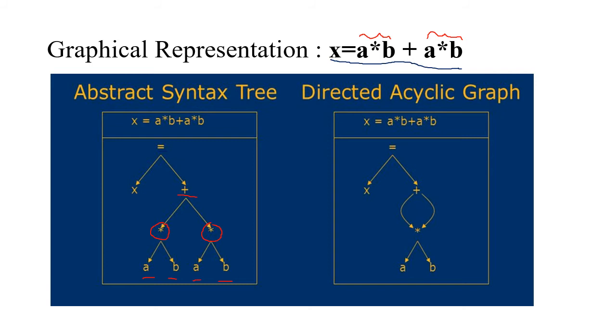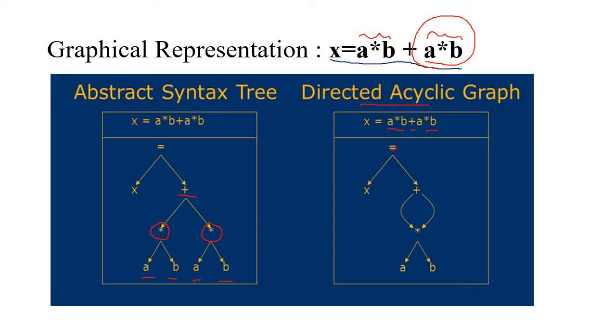And in this expression, we have seen a star b is common. That is identified in case of a directed acyclic graph. So we start the directed acyclic graph construction. X equal to, then the main operator is plus. For plus, one operand required is a star b, another one is a star b.